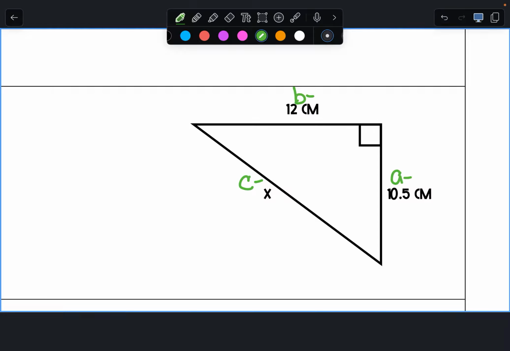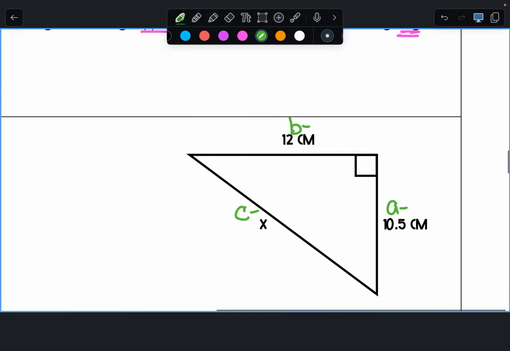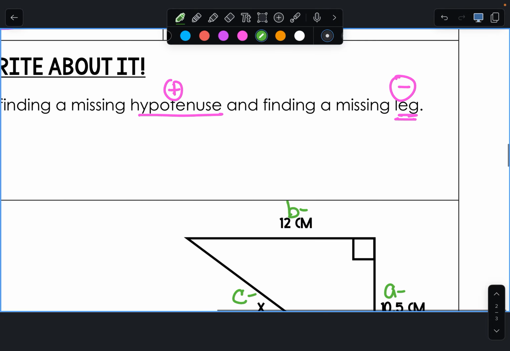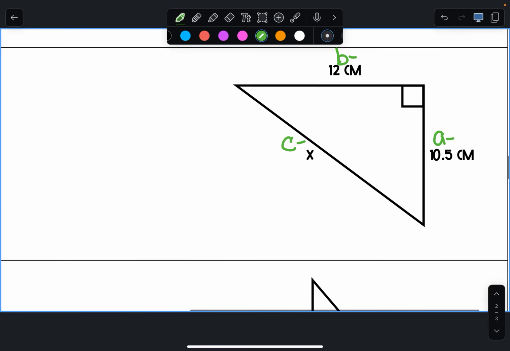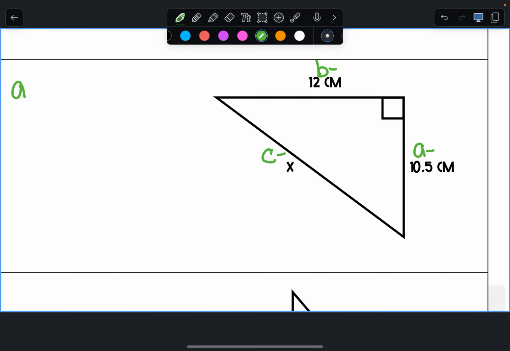We're missing the longest side, so what are we going to do with our numbers? If we're missing the longest side, which one is that? The hypotenuse or the leg? Hypotenuse, so what are we going to do with the numbers? Add them, okay? All right, write your formula. A squared plus B squared equals C squared.